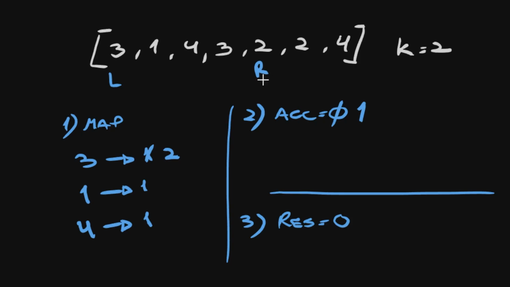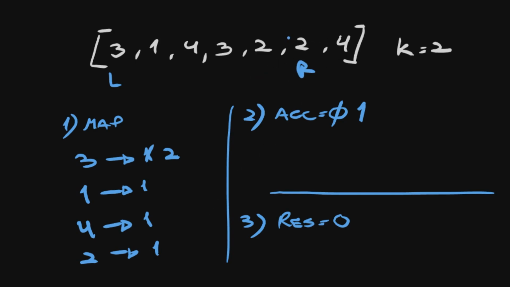Now the right pointer is here at 2, and we have never seen the 2 before, so the accumulated stays the same, and we add 2 equals 1 here in the map and update the right pointer.